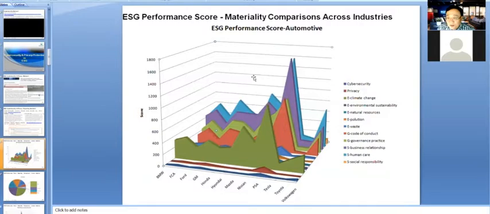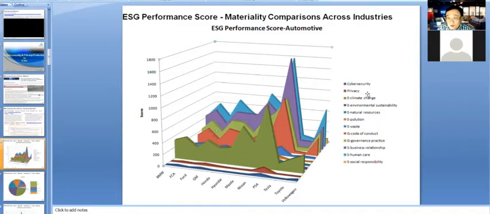I calculated this using a machine learning big data analytic program that I developed. I gathered every company's ESG report in different industries and analyzed the data to get this. This is the one I introduced in the ESG knowledge map.